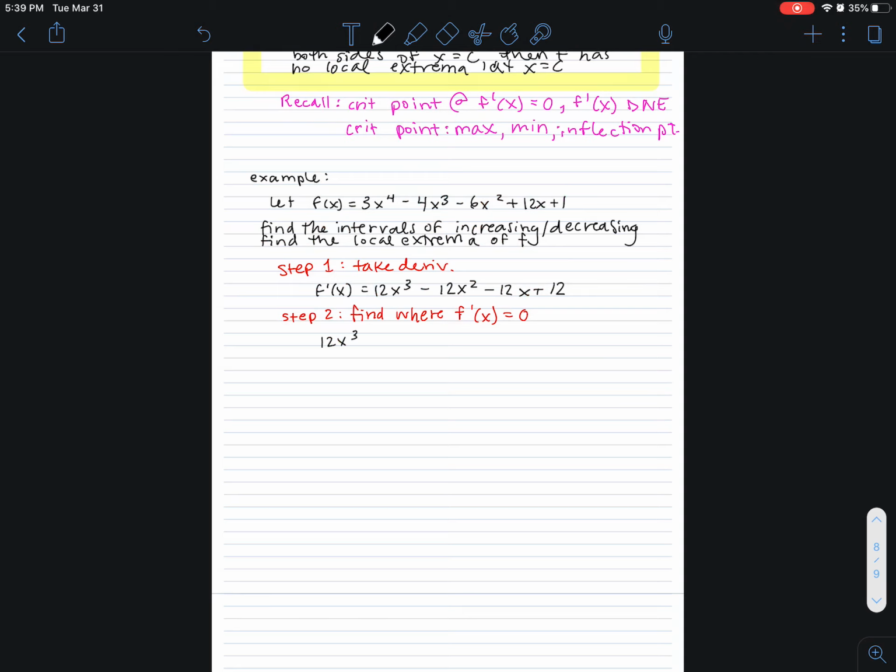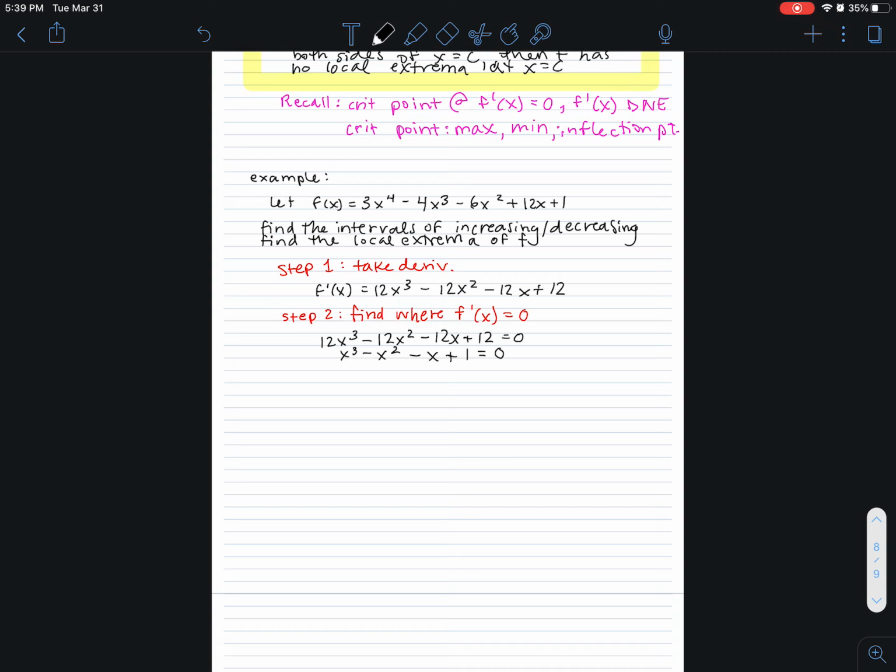So we have 12x cubed minus 12x squared minus 12x plus 12 equaling 0. We can divide everything by 12. We get x cubed minus x squared minus x plus 1 equals 0. This is heavily disgusting. I don't think you'd have to do something this terrible on an exam.